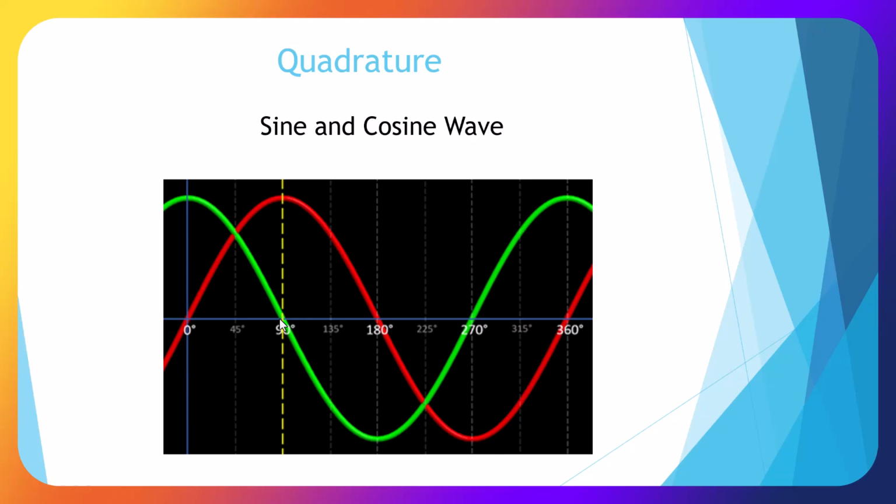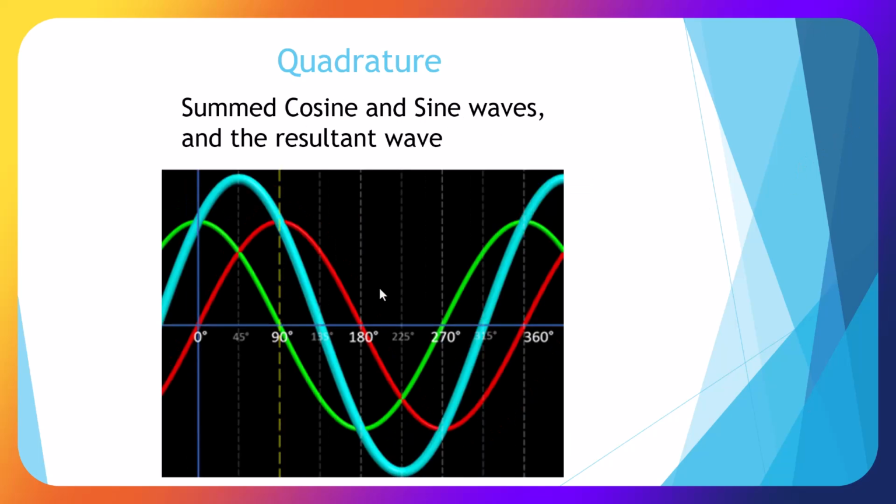So the green one would be a cosine wave. Here we have our sine and our cosine wave, and wave theory says that if you combine them, they add, or if they're on the minus side, they subtract. So when you combine 2 waves like this, we result in a larger wave.